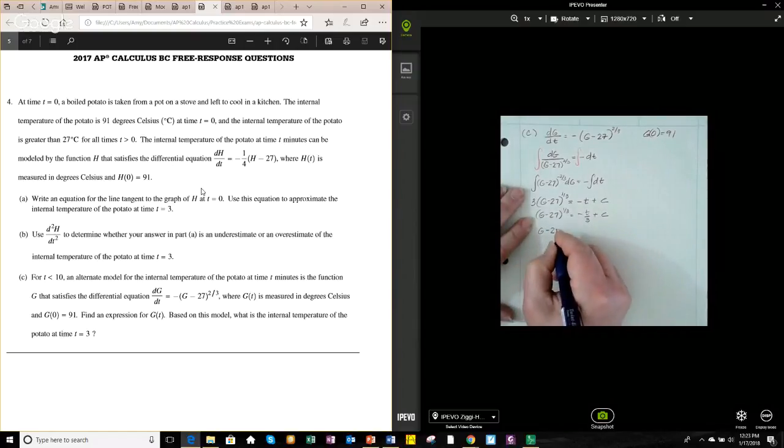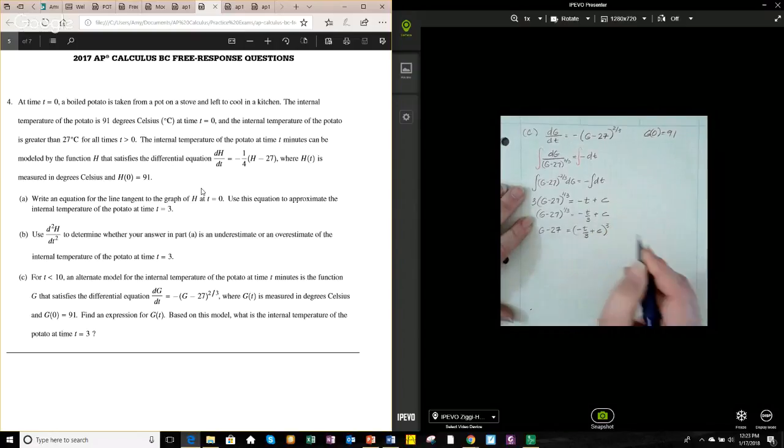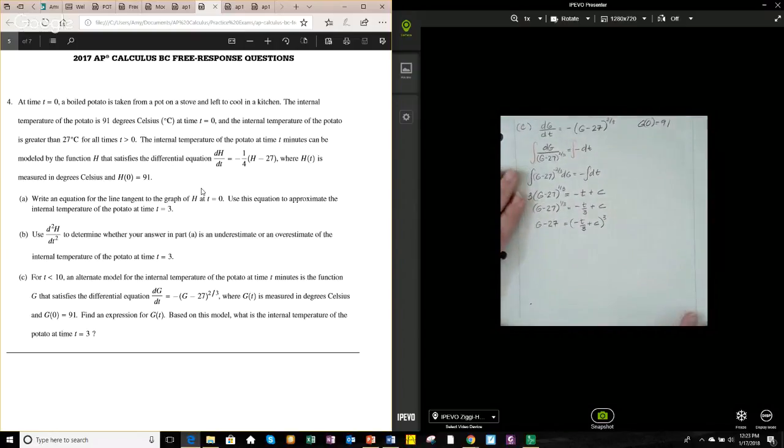So I'm going to get g minus 27 equals negative t over 3 plus c, quantity cubed. And now I'm going to say that g of t is equal to negative t over 3 plus c raised to the 3rd plus 27. So this is my general solution.